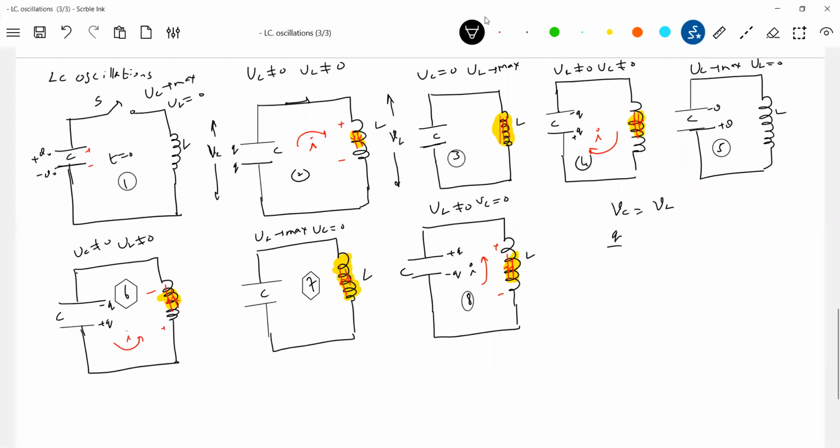VC is equal to Q by C, and VL is equal to L di by dt. Now the charge across the capacitor starts decreasing, so I'll write I equal to minus dq by dt. So this will become the equation in Q, L and C.